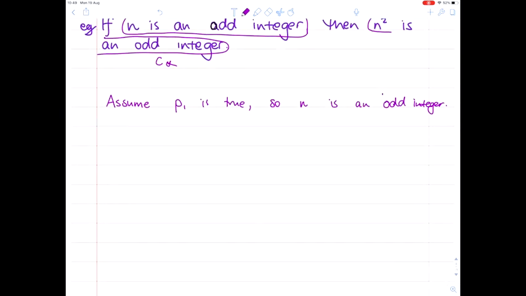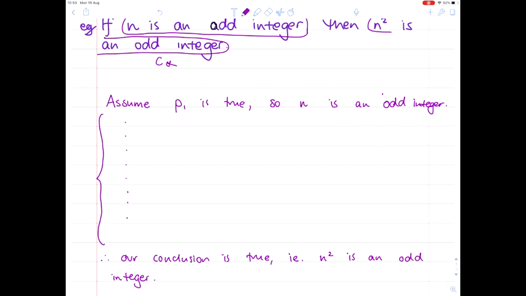Now we're going to have to do some mathematical work, and hopefully what we're going to end up with is being able to say, therefore, our conclusion is true, i.e. n squared is an odd integer. Most of the work actually comes in these steps in between, assuming our premise is true and concluding that our conclusion is true.